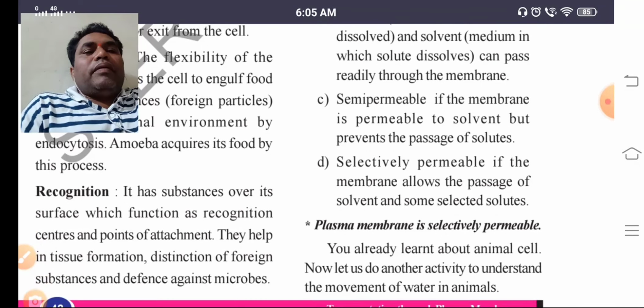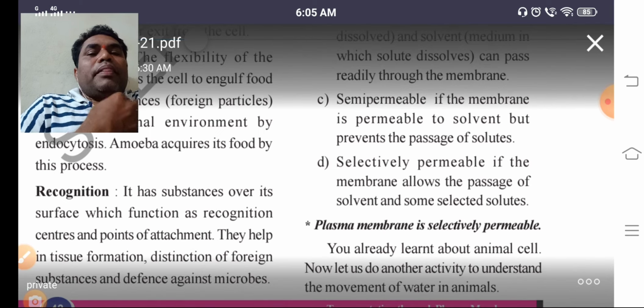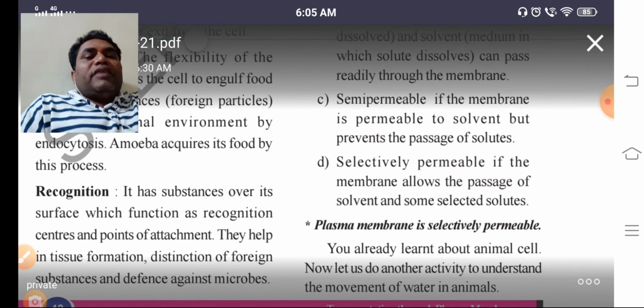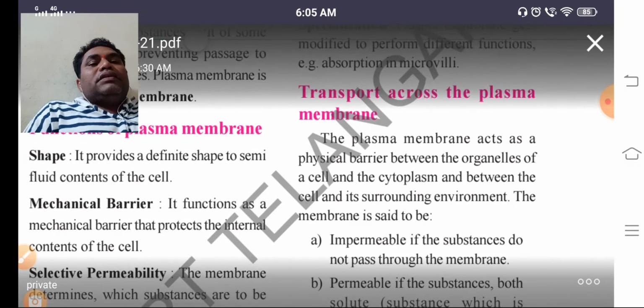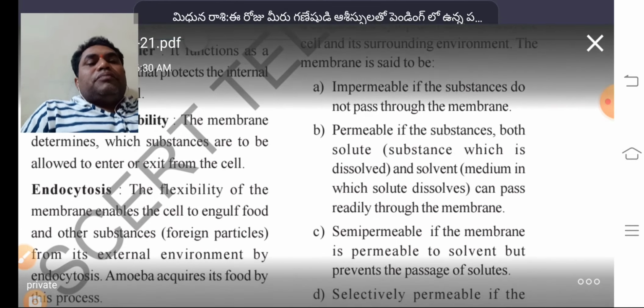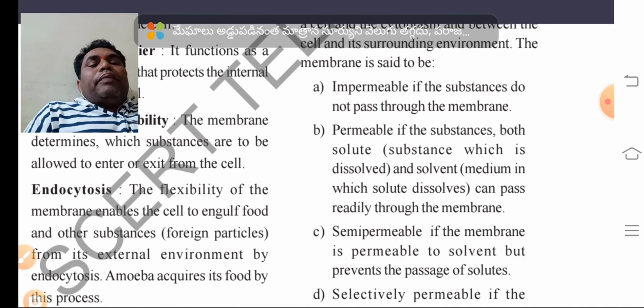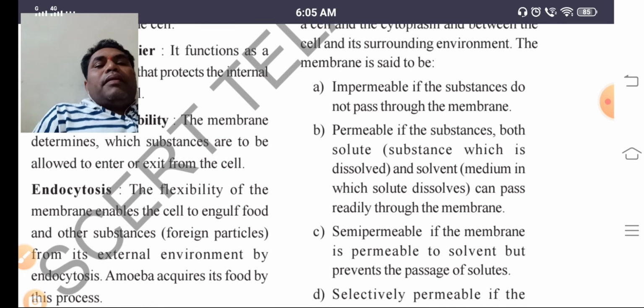Next, selectively permeable. The plasma membrane always selects what to permit from one place to another. So in this way, keep in your mind, plasma membrane has four important aspects about permeability: impermeable, permeable, semi-permeable, and selectively permeable.